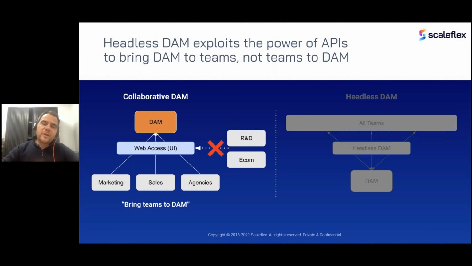And this is where we ask a simple question at ScaleFlex: why can't the DAM become a standard solution like the email platform, like the collaboration tools such as Office 365 or Google Workspace? Nobody is questioning those. Nobody is refusing to adopt them because they're there and everybody knows they have to use them. And this is how the DAM should be as well.